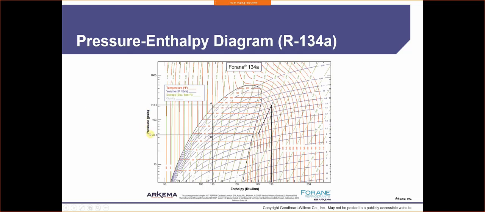Without going too much into detail, this chart is really telling you how the refrigerant is going to act at a certain temperature based on the conditions that are happening inside the room. And it's going to tell you how many BTUs I'm able to remove from that space. So every chart is going to be different because every refrigerant is going to act differently.